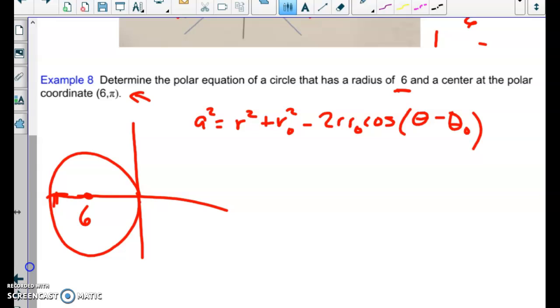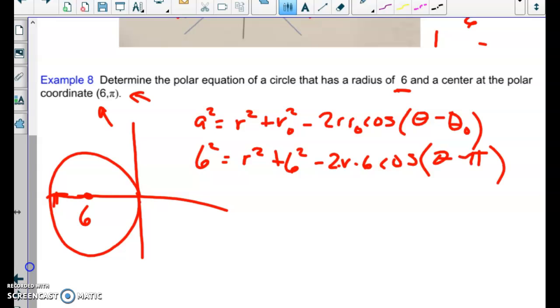We have, this is 6, and we also have that r squared. We don't know that one. We do know that the initial one has a radius of 6. So 2 times r times 6 times the cosine of theta minus pi, because we have the original pi. So I put that in there.